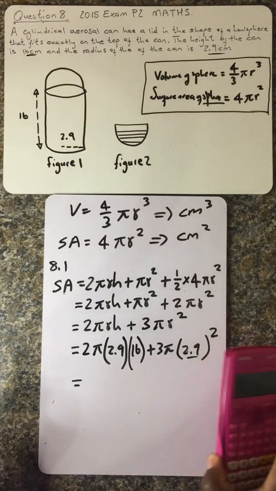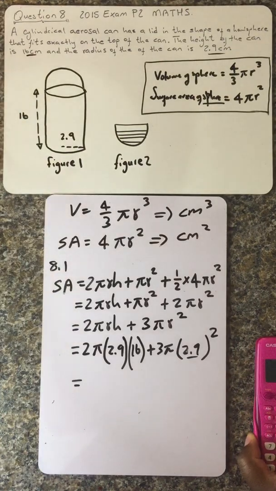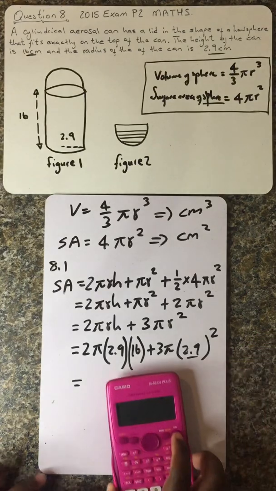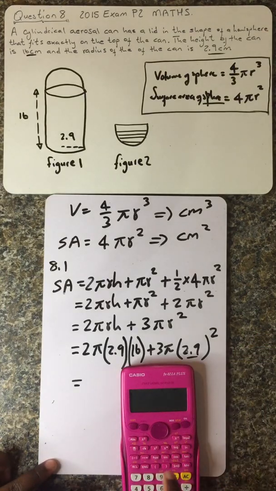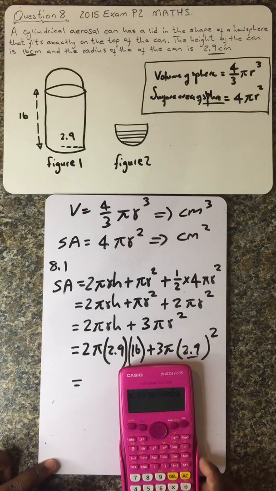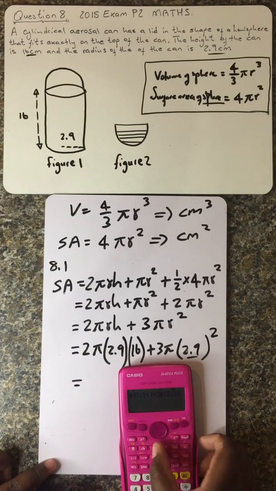It's just a matter of substituting all of this on a calculator. Let's punch all of that in: 2 pi times 2.9, close, times 16, close, plus 3 pi times 2.9, close, and then you square.